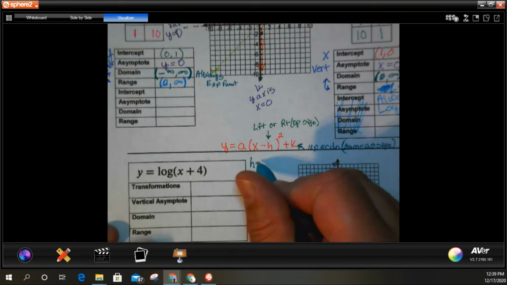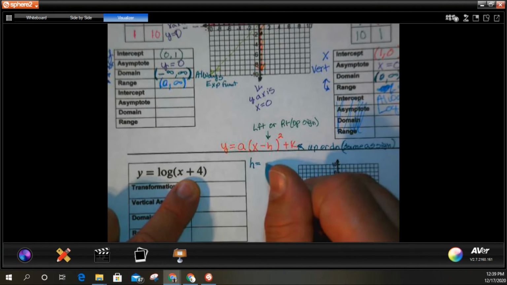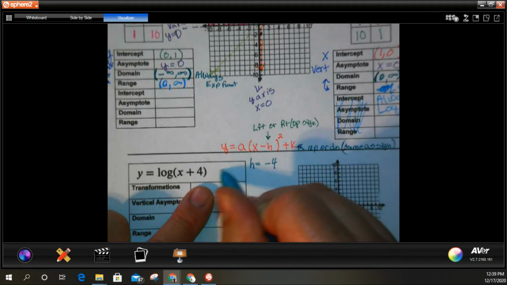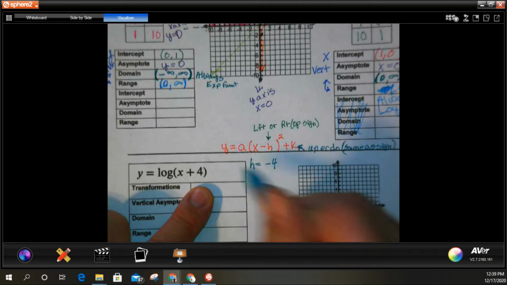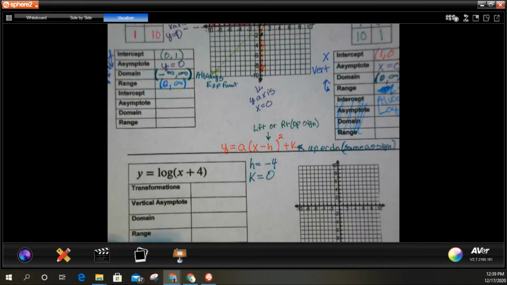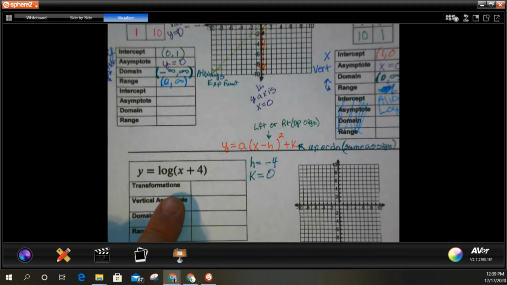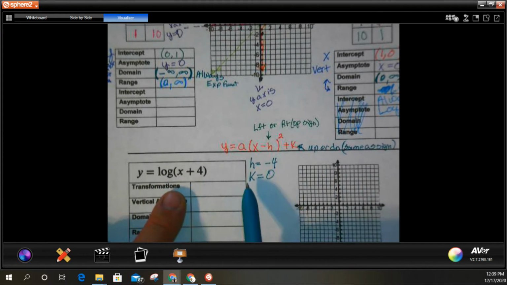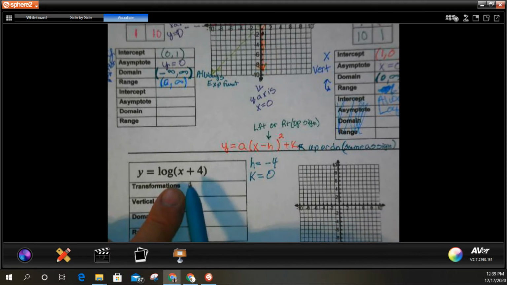My k, what am I adding outside the mathematical symbols? Well, I'm not adding anything, so it's 0. And there's no a, so the only transformation I have here is opposite the sign. You would think that this would be right 4, but it's actually left 4.